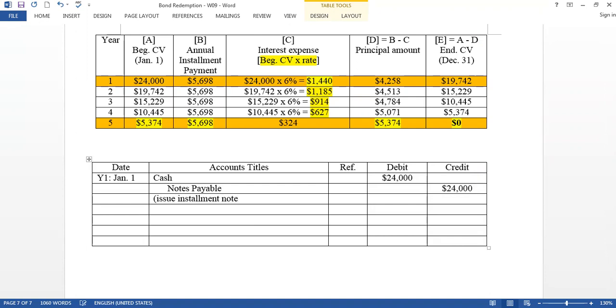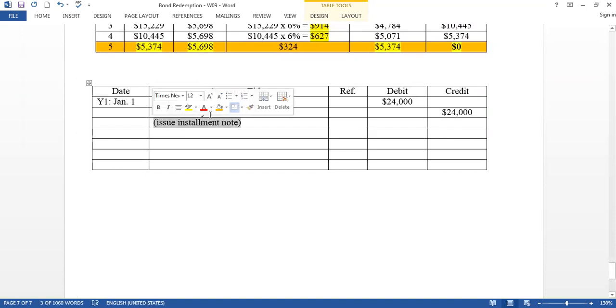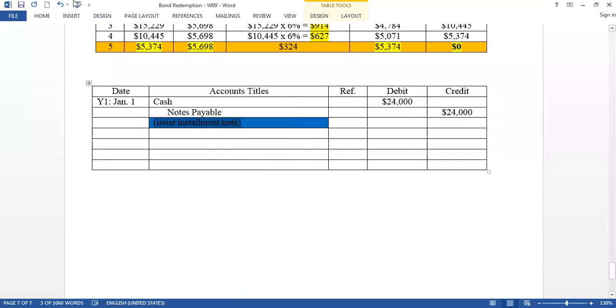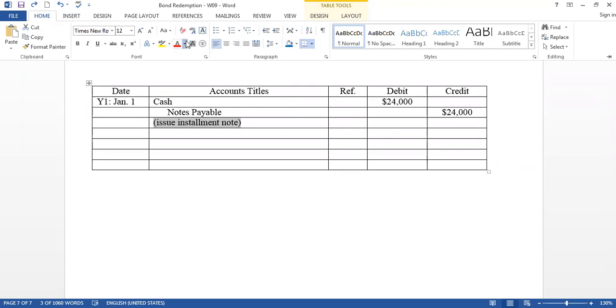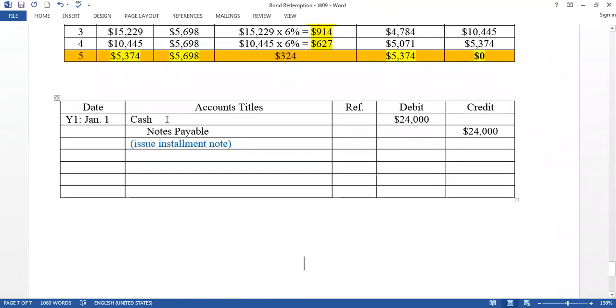You issue an installment note. And this is your journal entry for year 1, January 1st. You receive cash, debit, and your liability increases, it is credit.